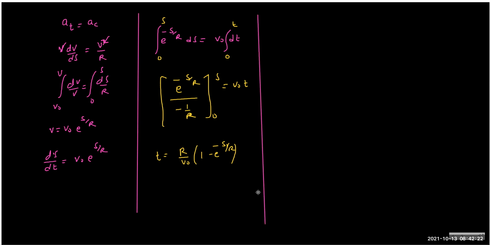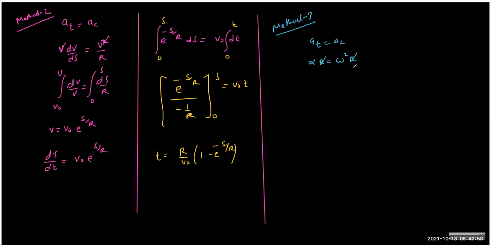Now, what is the other method, method 3? So in the third method, we can use the angular variables instead of these variables. The beginning is the same, but we can write at as alpha into r, if you remember, and ac as omega square r.